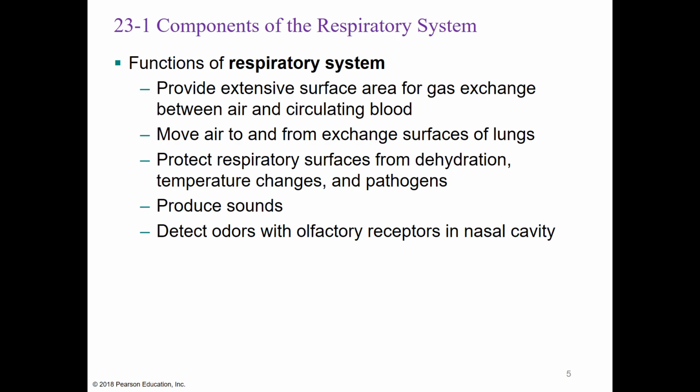We're going to move air to and from those exchange surfaces in the lungs. We have parts of the respiratory tract that will protect respiratory surfaces from dehydration, temperature change, and also pathogens. We make sounds through our respiratory tract, specifically our voice, and we detect odors with olfactory receptors in the nasal cavity. So our sense of smell also lies in the respiratory system.